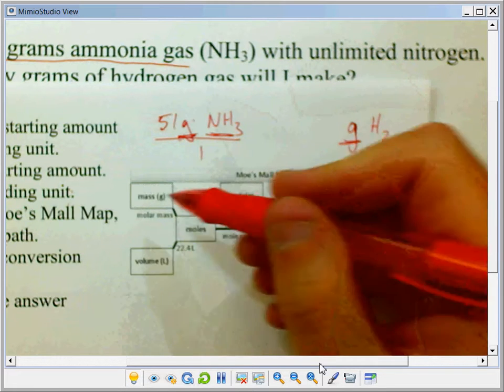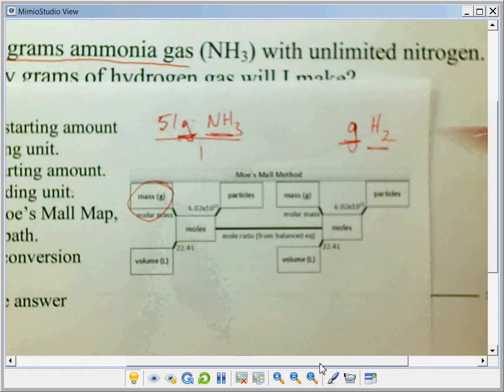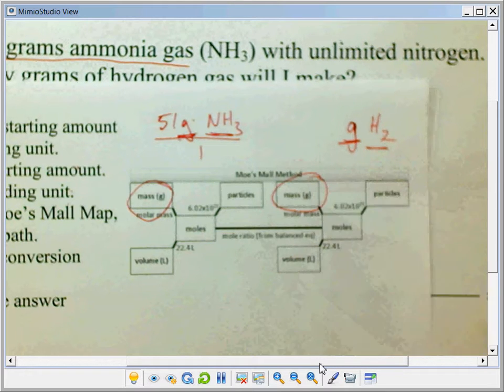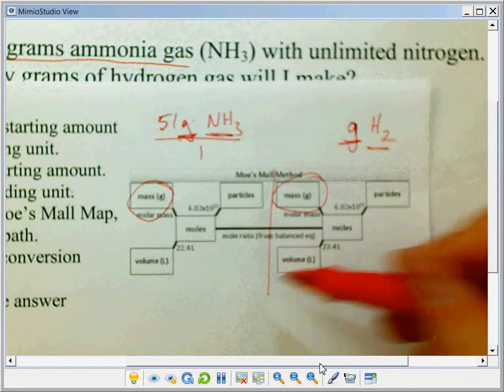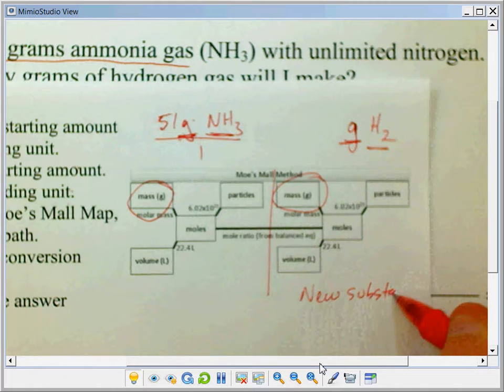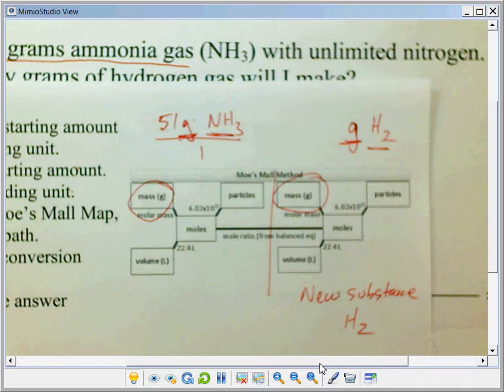And so in Mohs-Moll, grams is our starting amount. Well, if I'm going to go to grams, does that mean I'm going to exactly the same place? Probably not. I'm going to be going to grams on the other side of the mall, because this other side of the mall is all about the new substance. In this case, H2 is the new substance that we're trying to find for our answer.